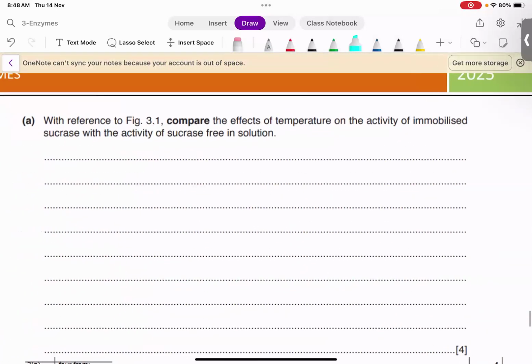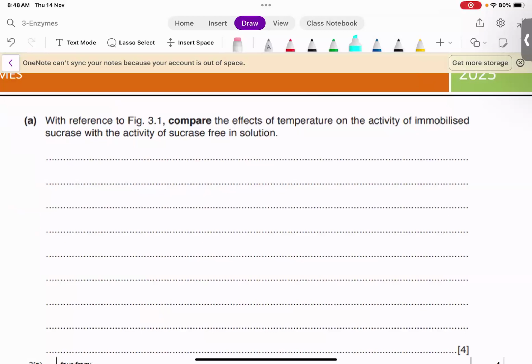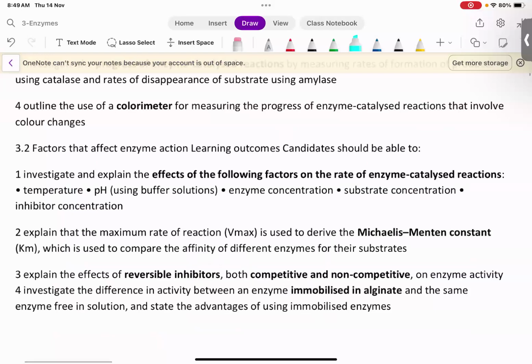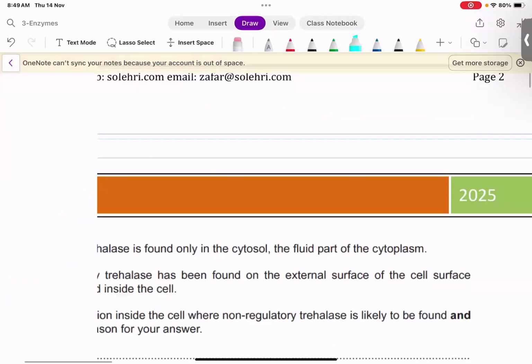The question is, with reference to figure 3.1, you have to compare the effects of temperature on the activity of immobilized sucrase with the activity of sucrase free in the solution. So when we compare, we should give, just give me a minute.